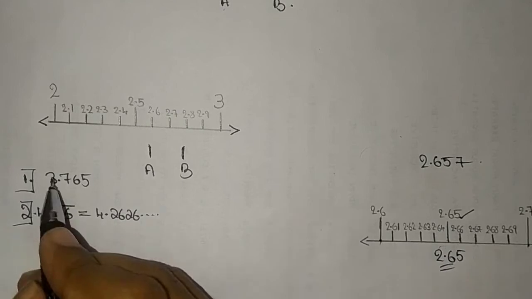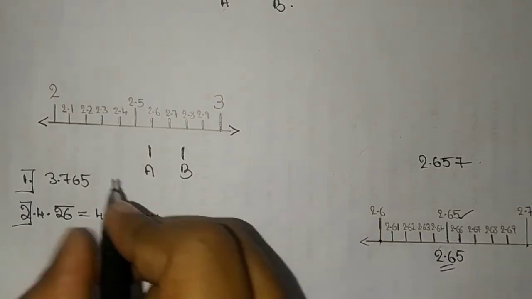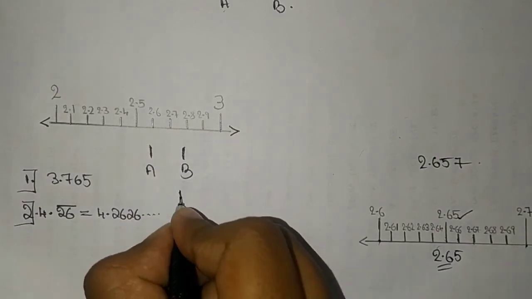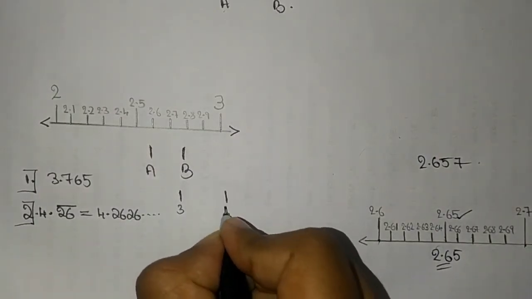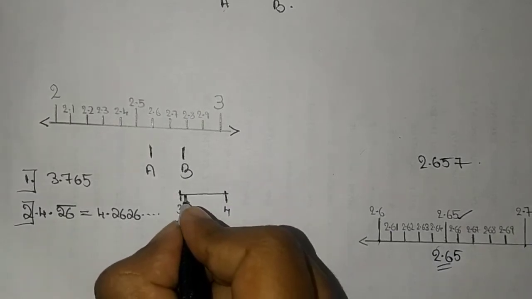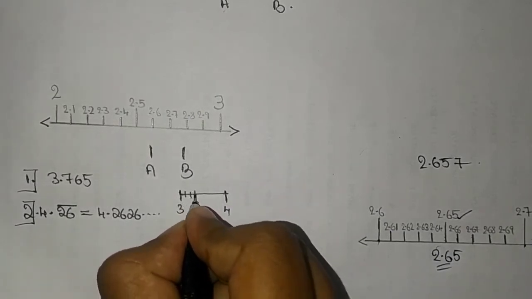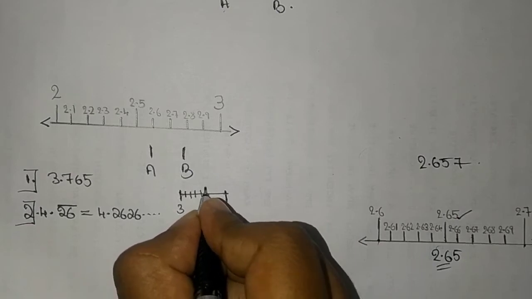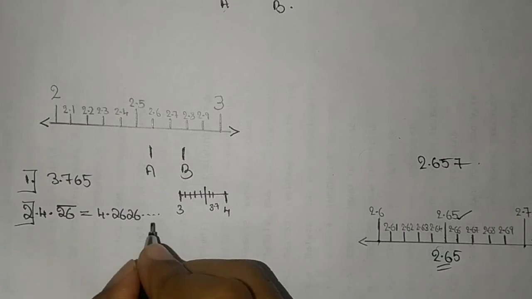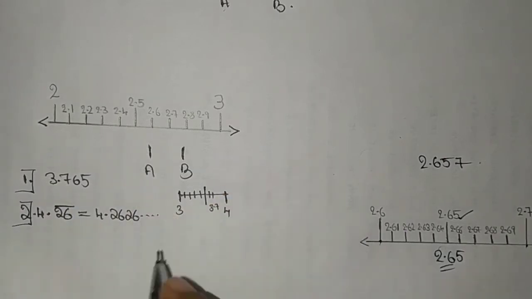First, where will the 3 be on the number line? 3 is A and 4 is B. Divide into 3.1, 3.2, 3.3, 3.4, 3.5, 3.6, 3.7. This is 3.7. Next number is 6. Zoom.